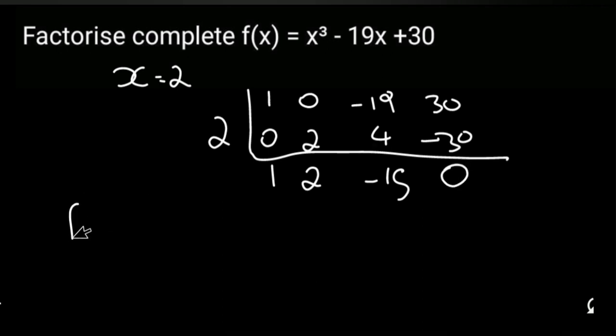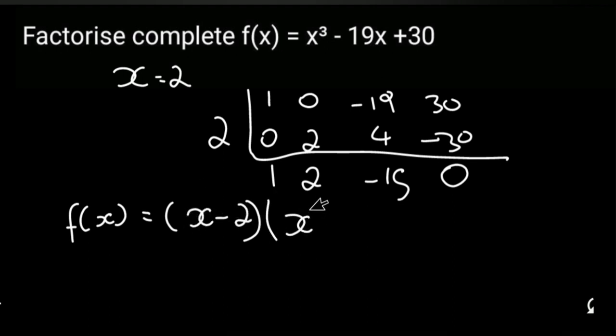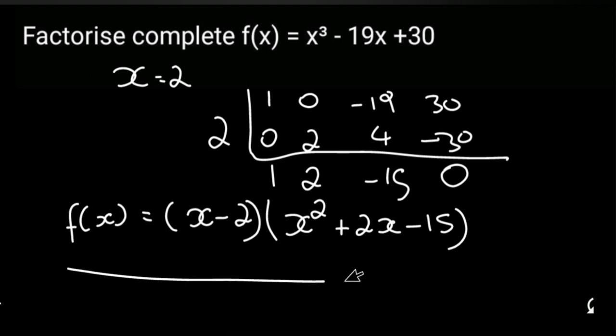And to factorize f of x completely, we say x minus 2. You always transpose. If it was positive 2, you need to transpose it to the other side of the equation, and then you get x minus 2. So it's going to be x squared plus 2x minus 15. That's how you factorize f of x.